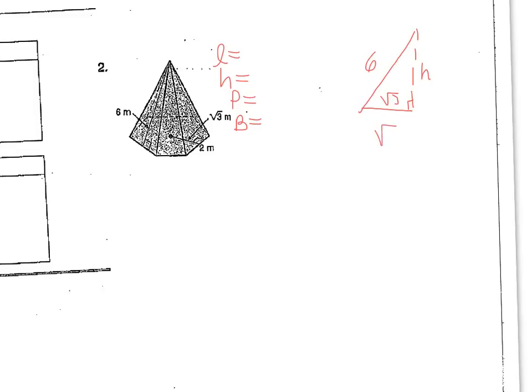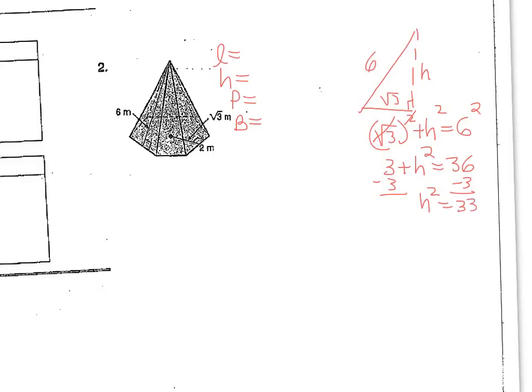So it's like the square root of 3 squared plus h squared equals 6 squared. The square root cancels with the square, so it's 3 plus h squared equals 36. Subtract 3, so h squared equals 33.